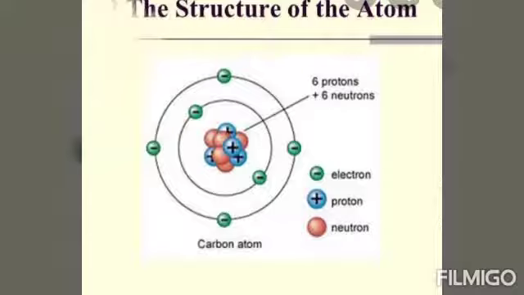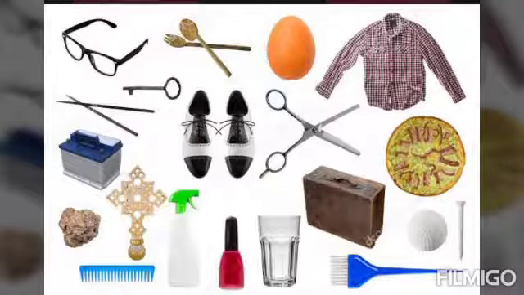An atom has the same number of positively charged protons and negatively charged electrons. So an object does not show any charge, though its atoms contain charged particles.